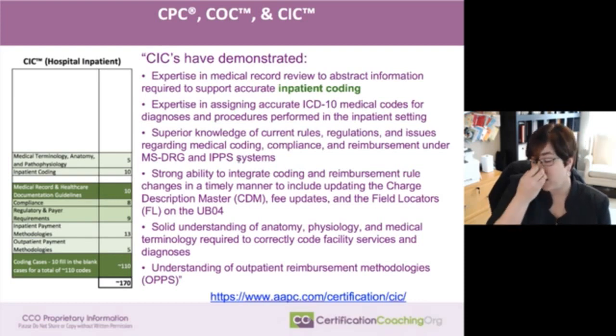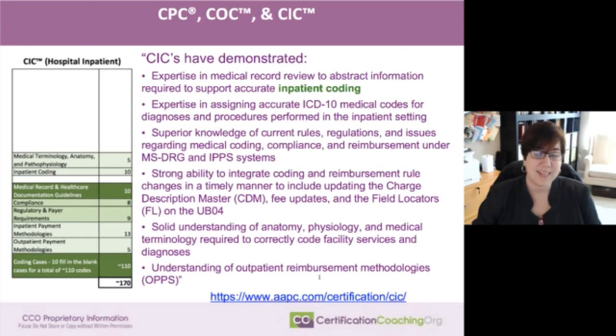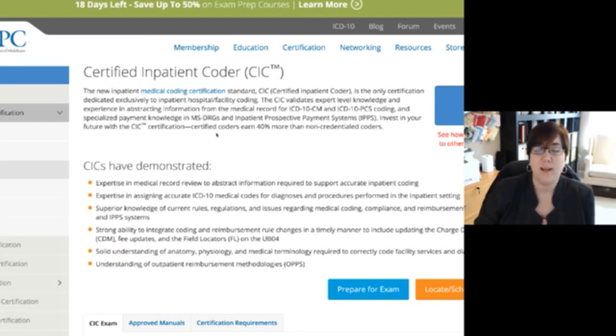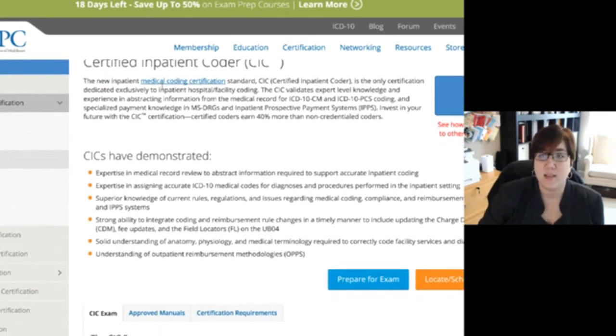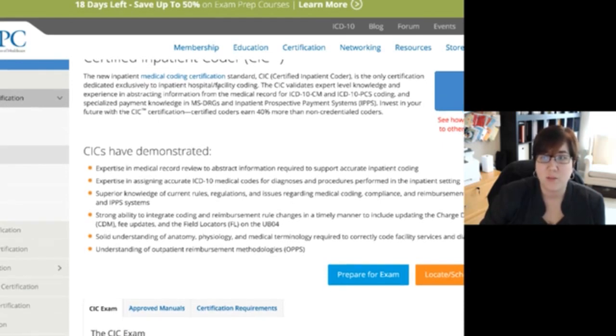You have to know some of the same things that you had to know for the COC, right? You have to know how to assign diagnosis codes. You have to know what a charge master is, how the UB-04 is completed, and the payment methodologies for outpatient. But let's look a little bit more specifically and see how this one differs from the other two we've talked about. If we look at the CIC, again, this is an inpatient certification, and this is inpatient hospital or facility coding.